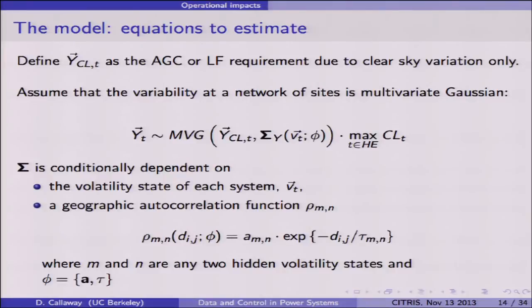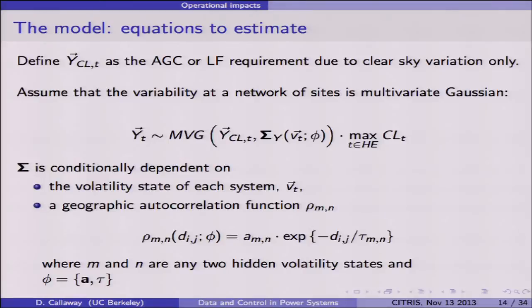So the basic model looks like this. We'll say there's a vector, y sub CL, which is the clear sky. That is the difference between, for example, 1 hour and 5-minute or 5-minute and instantaneous measurements if there were no clouds in the sky. That's what this vector represents.